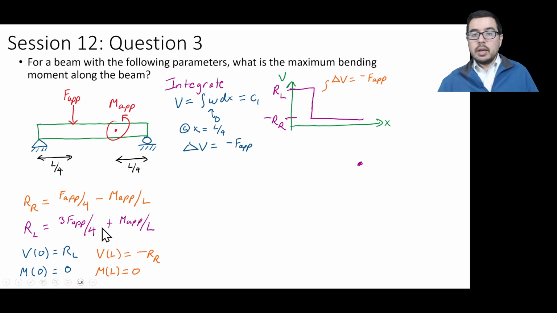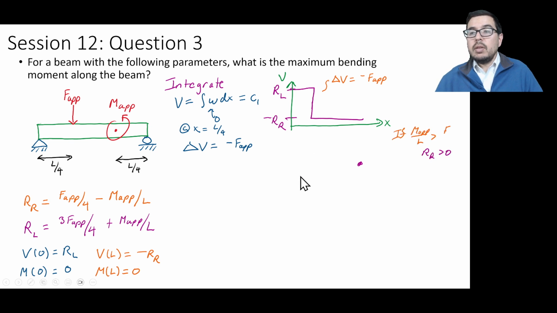So we put a minus RR here, and that would be minus F app over 4, and then we have plus M app over L. If we take RL minus this negative RR, that's going to be the difference between them. We're going to see that it comes out to be just minus F app. So that's a slightly interesting observation. So we see that jump from there.